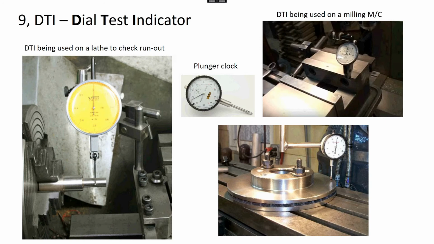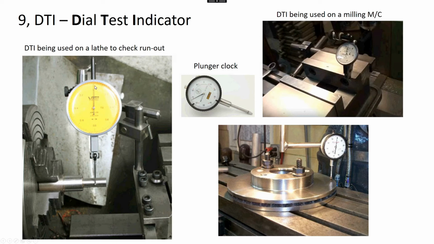Right, dial test indicator. I've just put a quick slide in here for what a DTI is, from the comments that I've had on the previous GD&T training sessions. So we've got a DTI, dial test indicator, used at this location. In this location we're using it on a lathe. It looks like we've got a 4-jaw chuck here, so you can push the jaws in different directions and adjust this quite easily without having to knock the part.